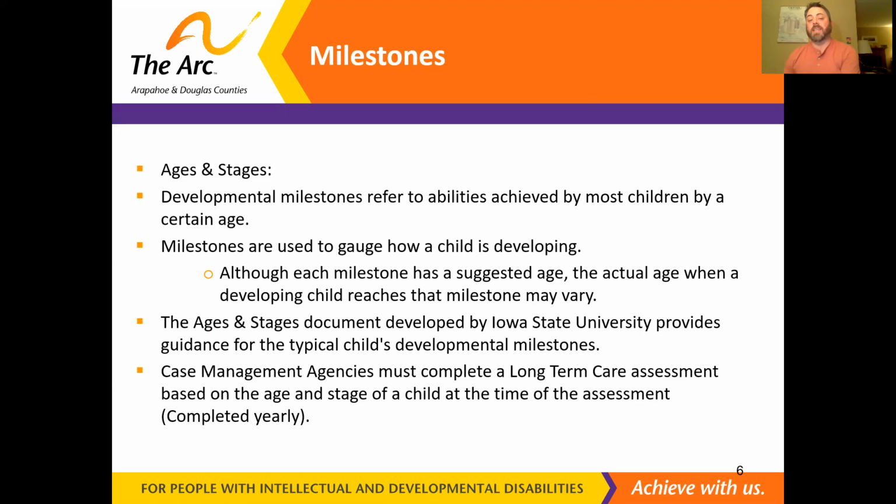But if your kid's 9, 10, 11, 12, and they're still having to use diapers, or they're not potty trained, that's a definite milestone they didn't reach at that time yet. So again, gauging your child's milestones related to others of their actual age or developmental age is very useful.